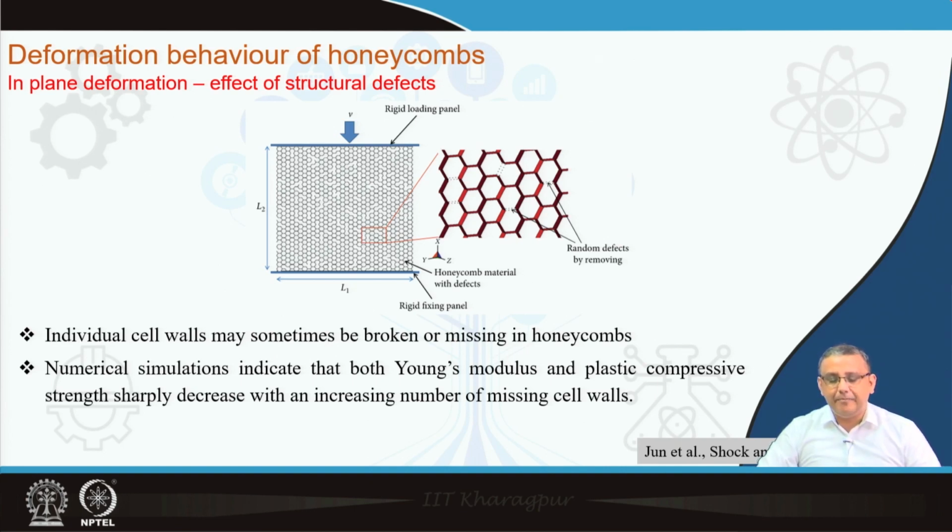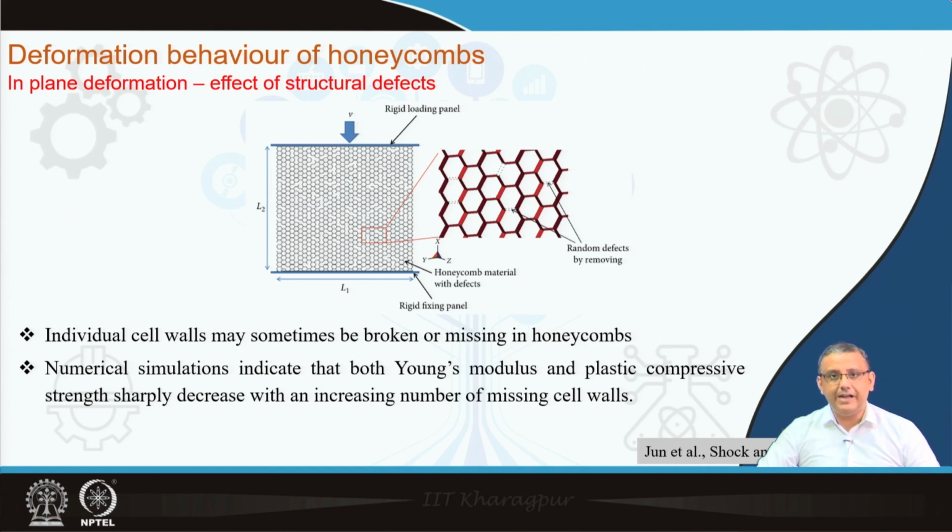Many of the honeycomb arms are shown by dotted lines, and these dotted lines are the locations where a defect is there, meaning the honeycomb arm is missing. This analysis was performed by June et al. by simulation.